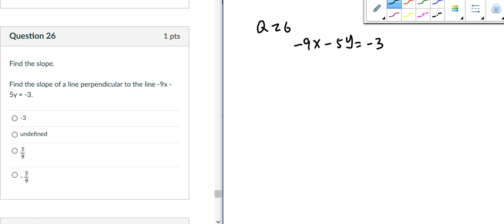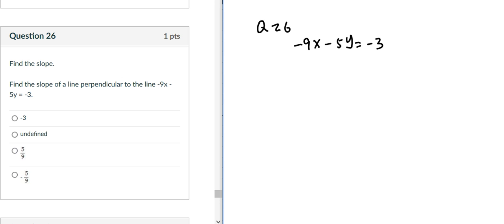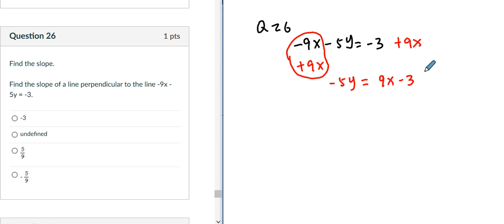Now, we want to find the slope. To find the slope we want to isolate y. So we add 9x on both sides. And then we cancel negative 9x. We then have negative 5y equals 9x minus 3.